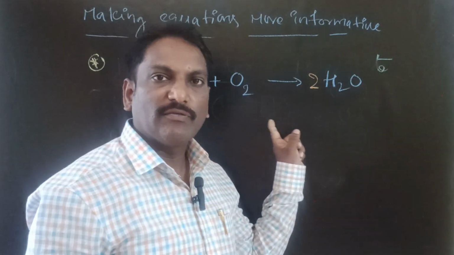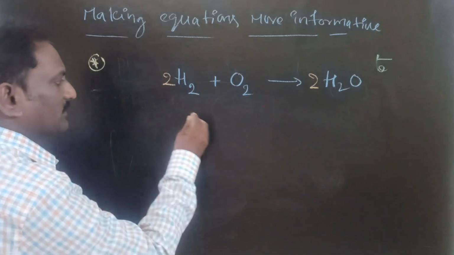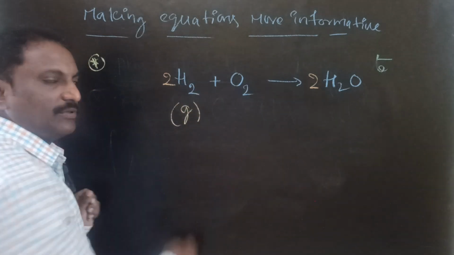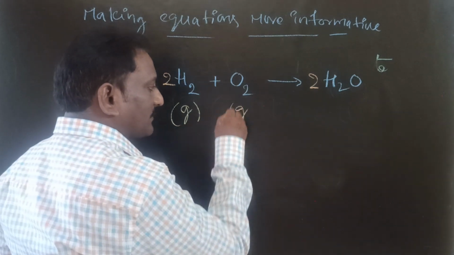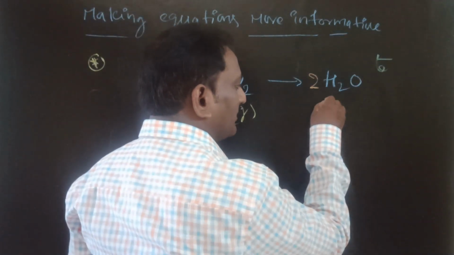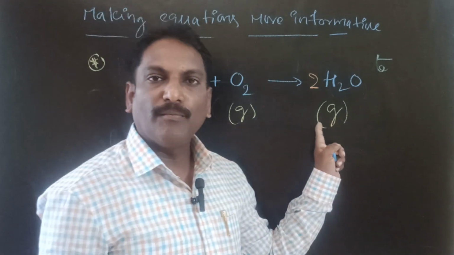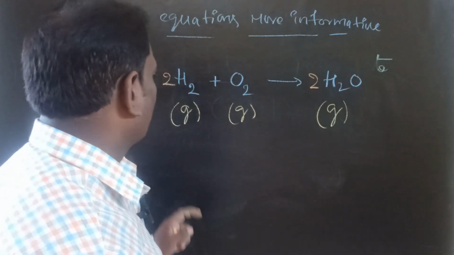Now let us make this equation more informative by indicating the physical state of the reactants and products. For hydrogen gas, we keep small g in brackets like this. Oxygen is also a gas, and water is also in the gaseous state. So these are the physical states of the reactants and product.